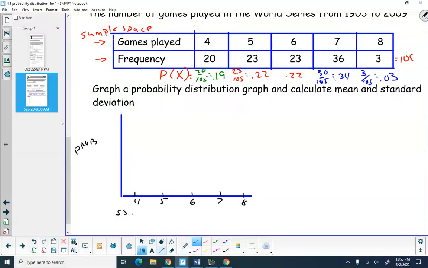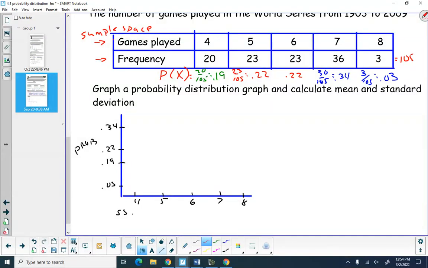The probability of 4 is 0.19, 0.22 with my 5 and my 6, 0.34 with the 7, and 0.03 with my 8. I'm not going to space them out or signify any spacing to that.